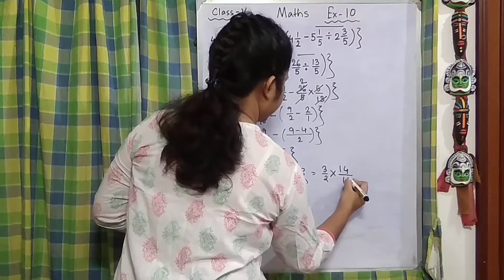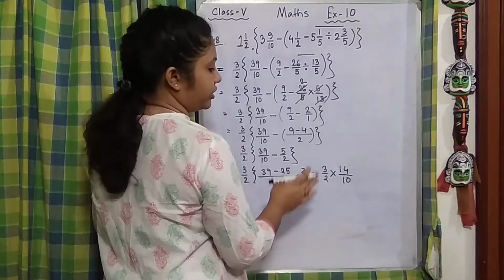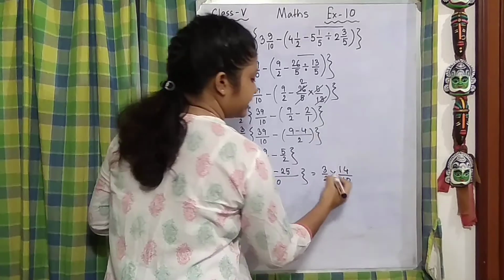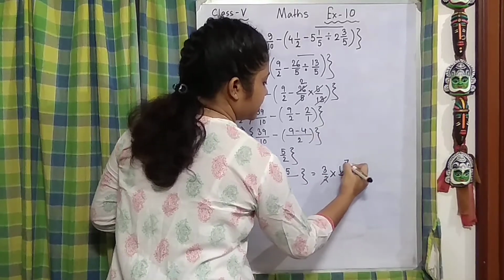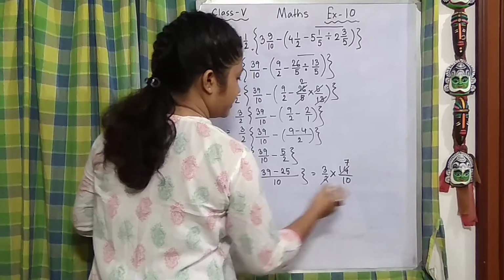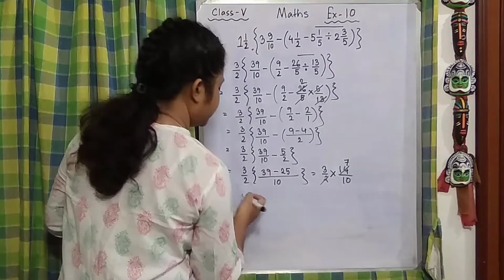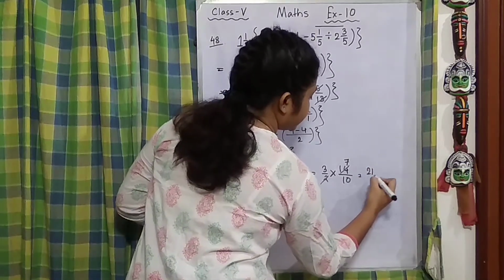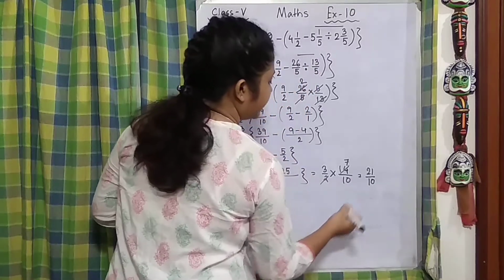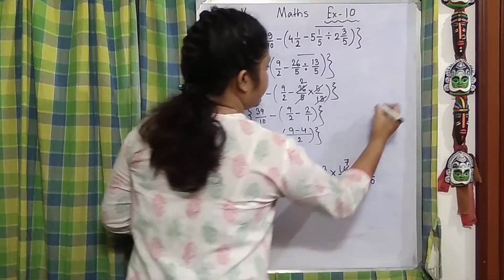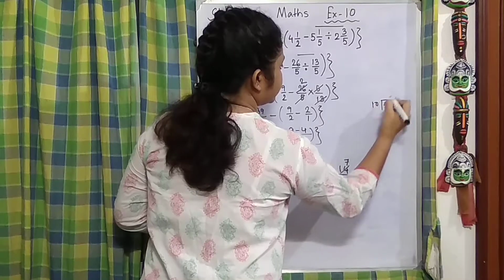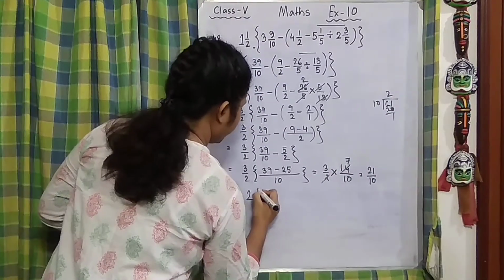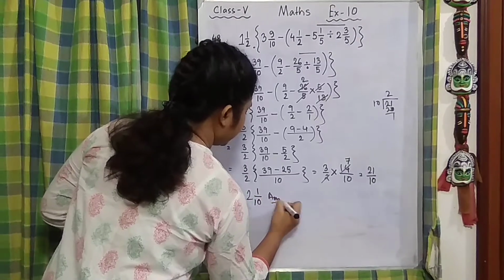So 14 by 10. We are going to multiply 3 by 2 with 14 by 10. So 2 7s are 14. Okay. So nothing more is going to be multiplied. So here we can conclude what? 7 3s are 21 by 10. That means what? We are going to find the mixed fraction. So here 2 1 by 10 is the answer.